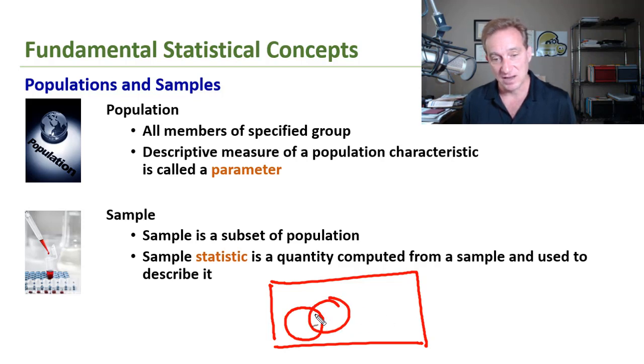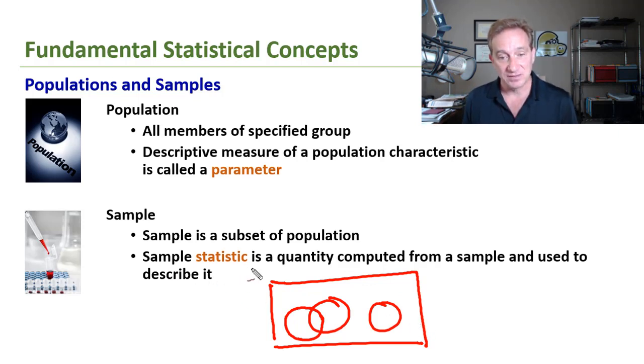We would get a different sample. I'll draw one that's overlapping, but here's another one that's not. And so there should be many different possible samples, but only one population. And in practice, we observe a sample and we're trying to make an inference about the population that's unknown or unknowable to us.